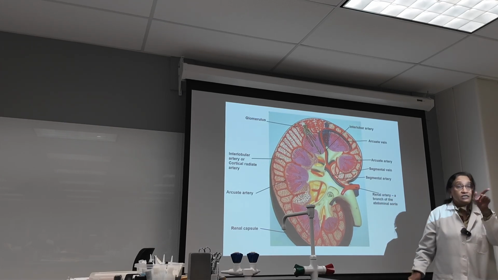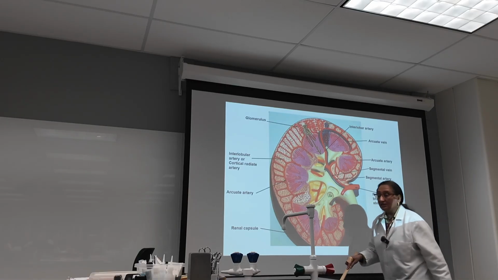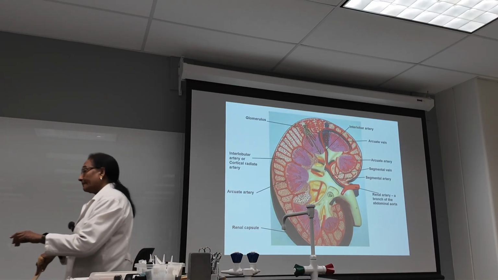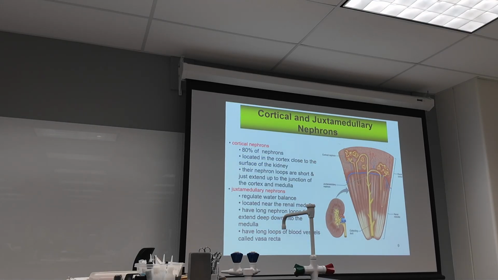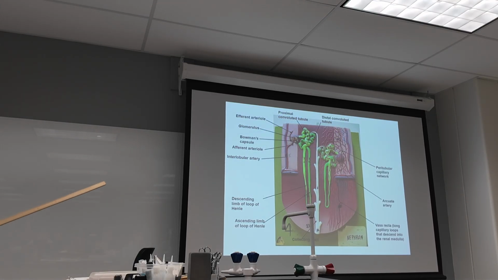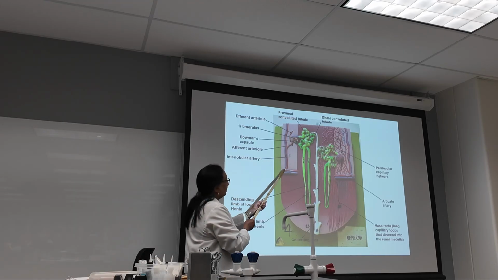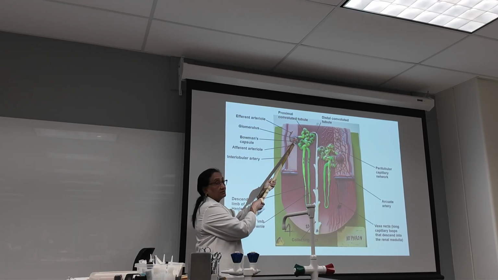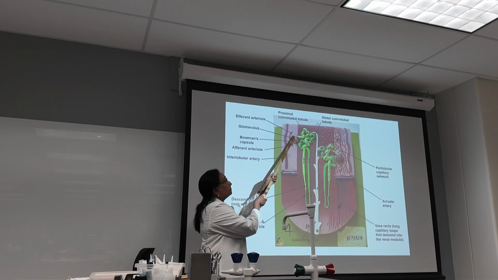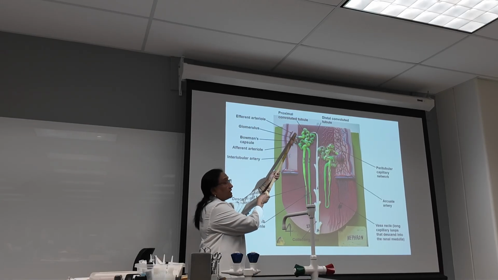So the afferent arteriole that you're seeing here in the middle model is coming from this cortical radiate artery. It's a branch of that. Then you have the glomerulus, efferent arteriole.